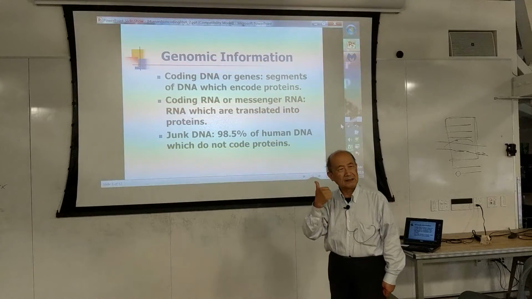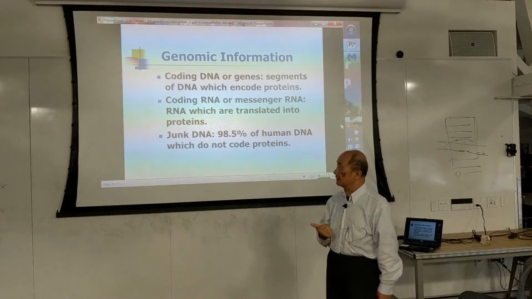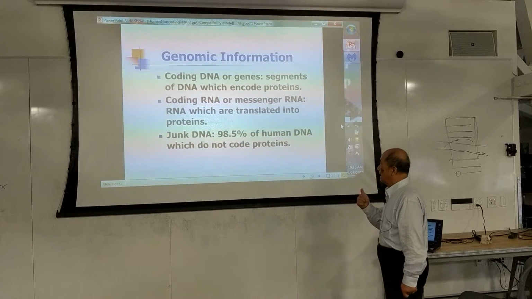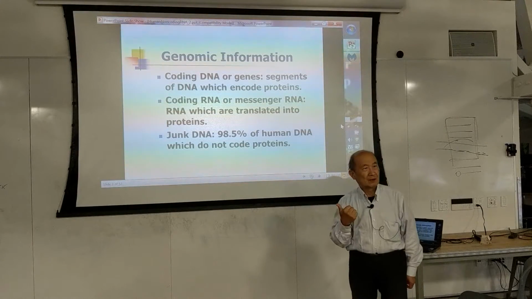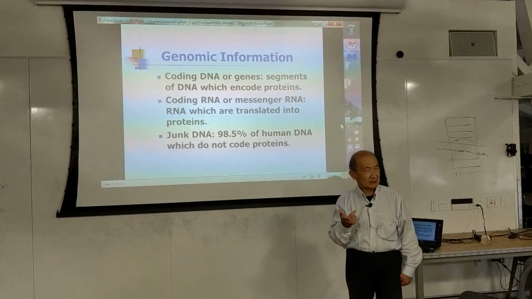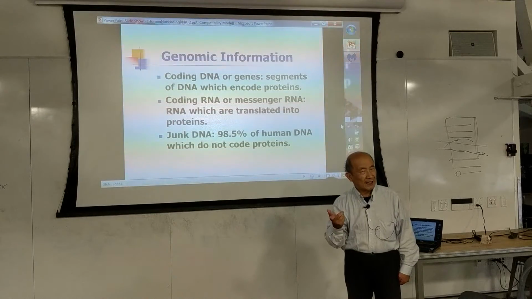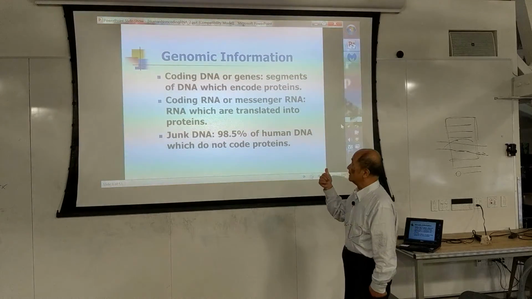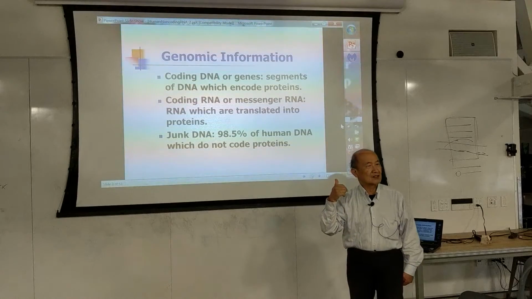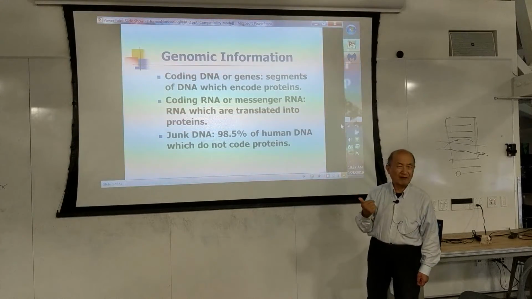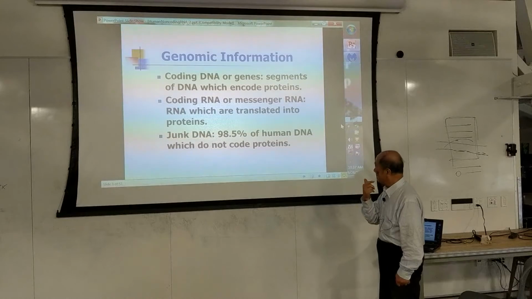But in the human genome, only 1.5% of the DNA is coding DNA. So there's 98.5% of DNA which is not used to code for protein.